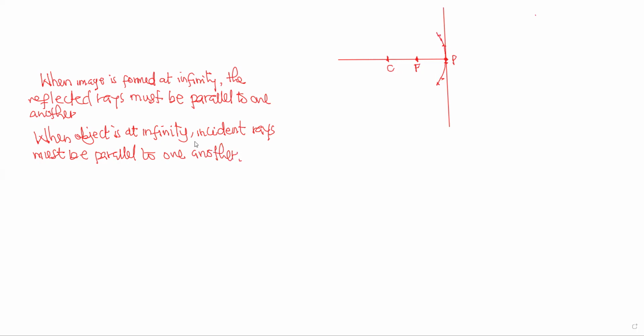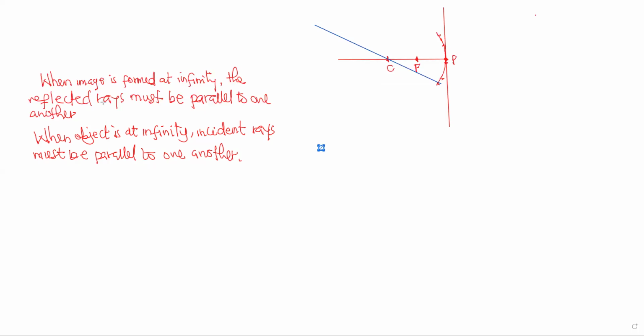So these are the keynotes. I cannot precisely tell where infinity is, but to show that the object is at infinity, incident rays coming to make contact with the mirror must come in that parallel form.